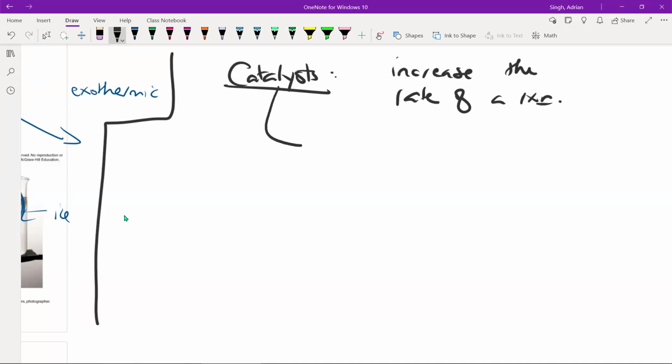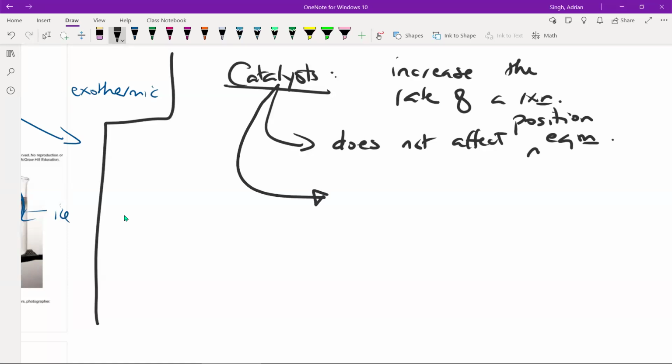However, a catalyst does not affect the equilibrium. It does not affect the position of the equilibrium. Okay, it doesn't force it to go to the left or to the right. That's not the function of a catalyst.